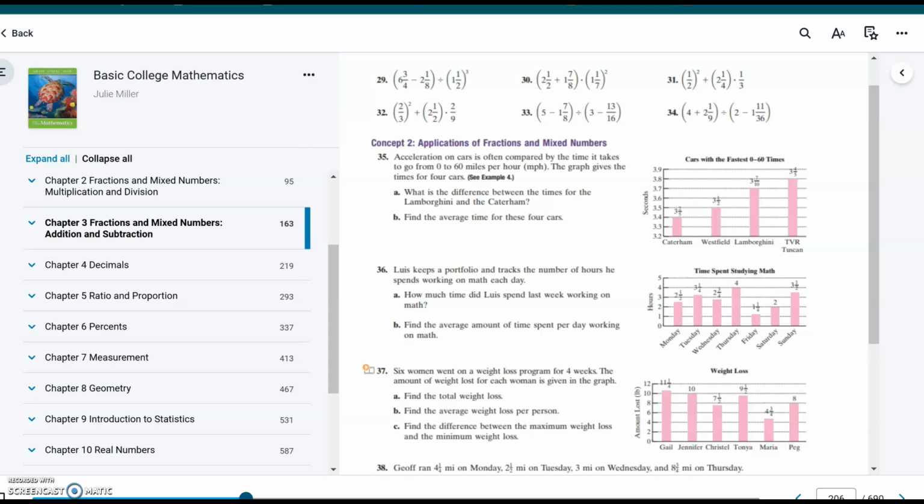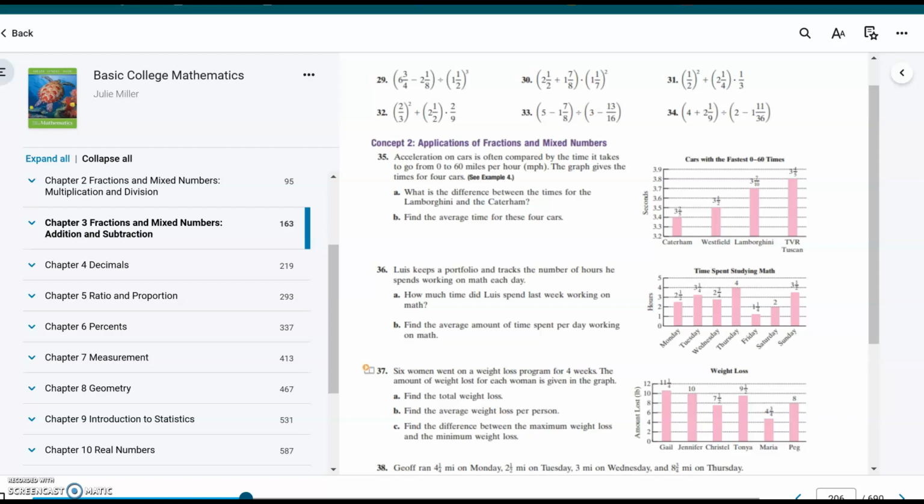The first question says, how much time did Louis spend last week working on math? So this is the time that he spent on math. So what we have to do is add up all these fractions. Make a note of all the fractions, and you'll have to add up all these fractions.